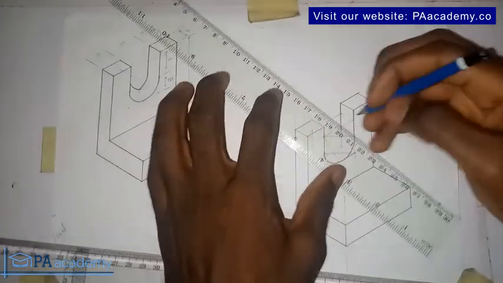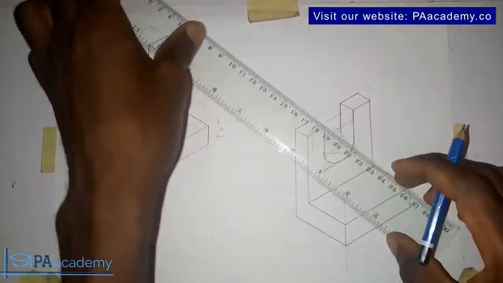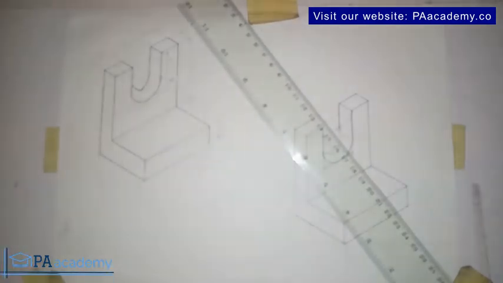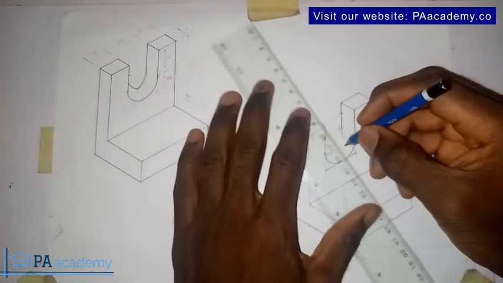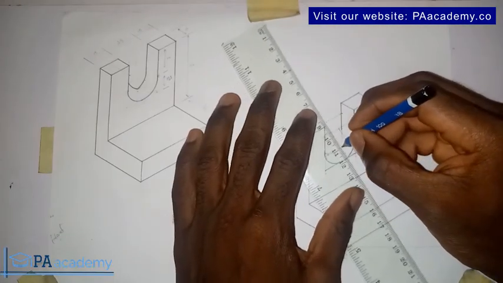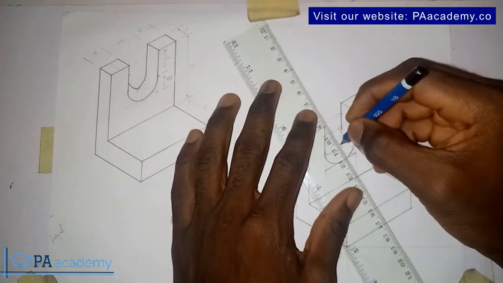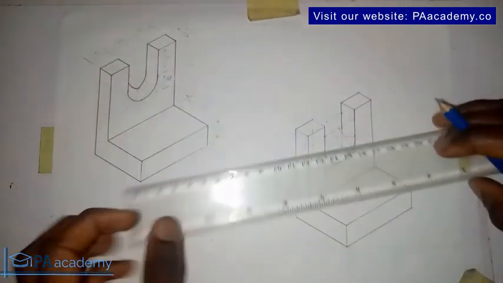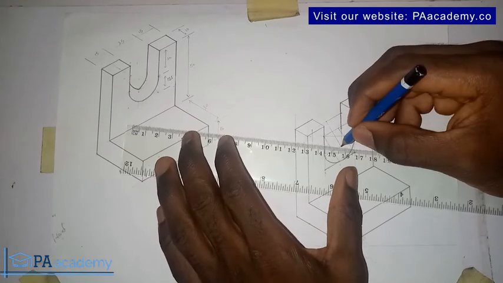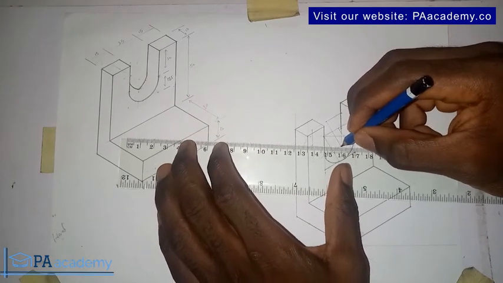So now for the V. All this, you are going to be doing it with a faint line so that your work will not be rough.